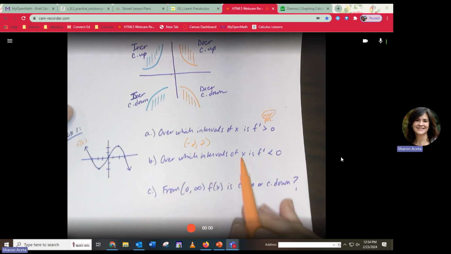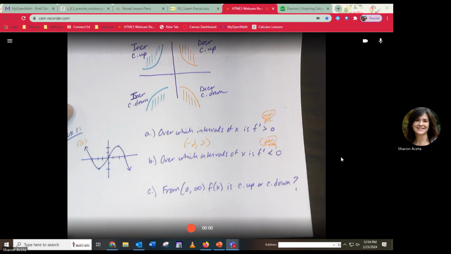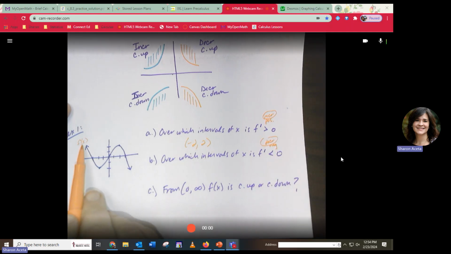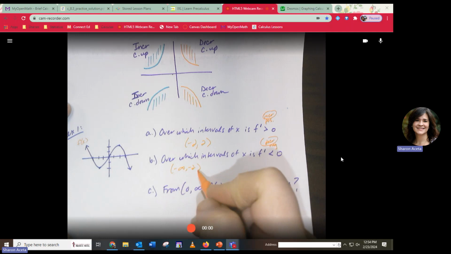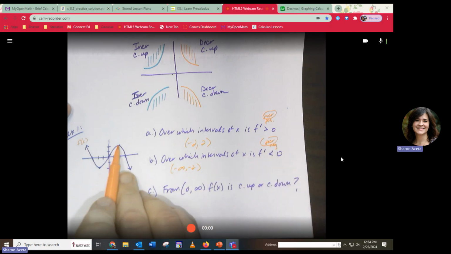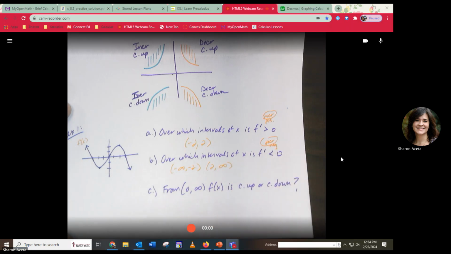Over which interval of x is the first derivative less than 0? When is it negative? The first derivative is negative when it's decreasing. So where is it decreasing? From -infinity up to -2, it's decreasing, and then again from 2 to infinity.